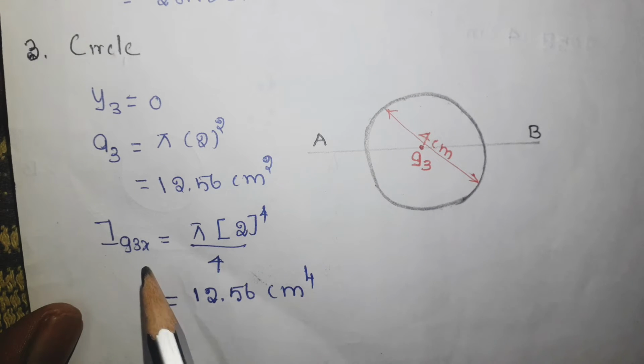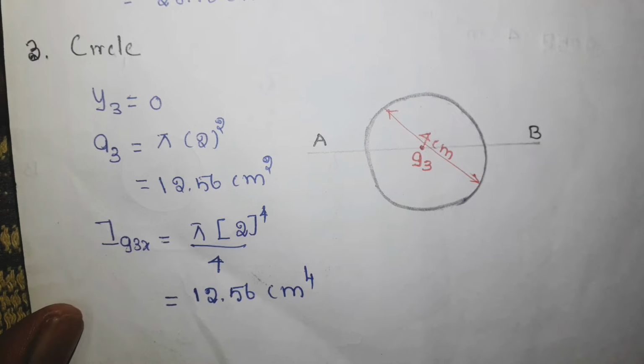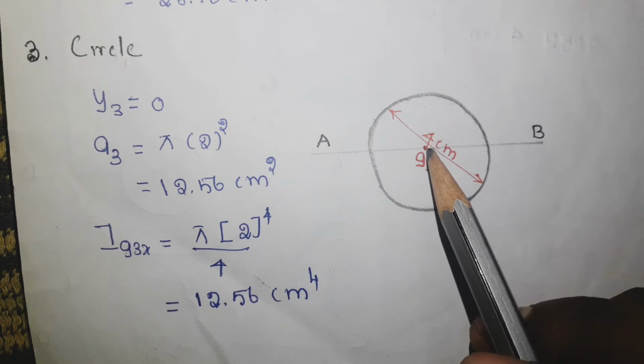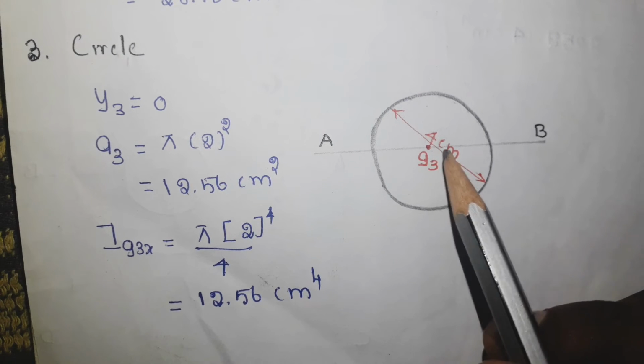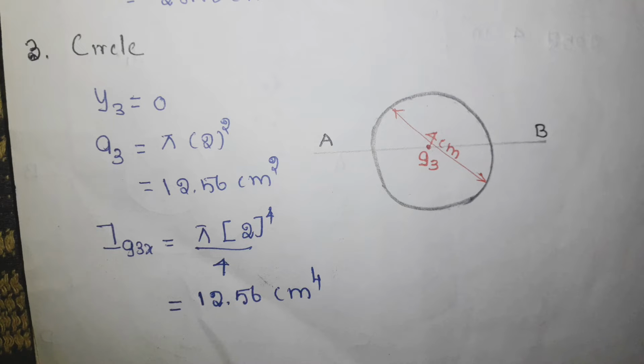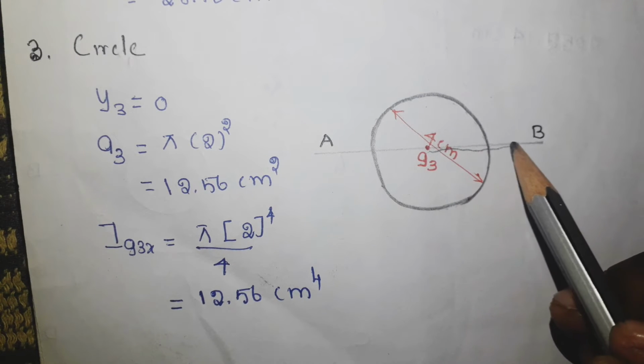Then Ig3x, which is nothing but the axis passing through this centroid, but you see here both AB as well as G3 coincide. So this is the position of the G3x axis.